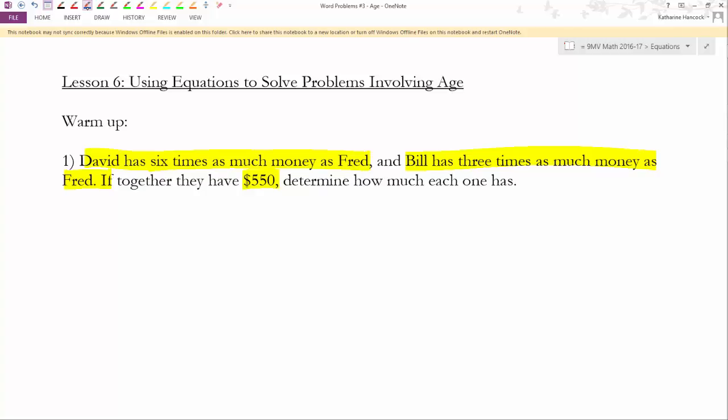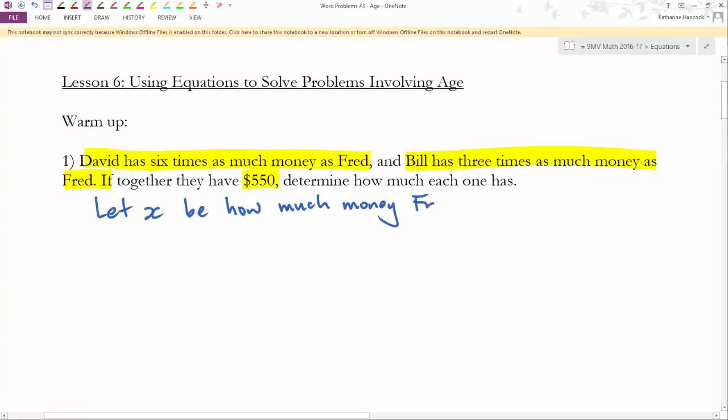So David has more than Fred, and Bill has more than Fred. So Fred is the smallest. So let X be how much money Fred has. And then David is going to be 6x, and Bill is going to be 3x.